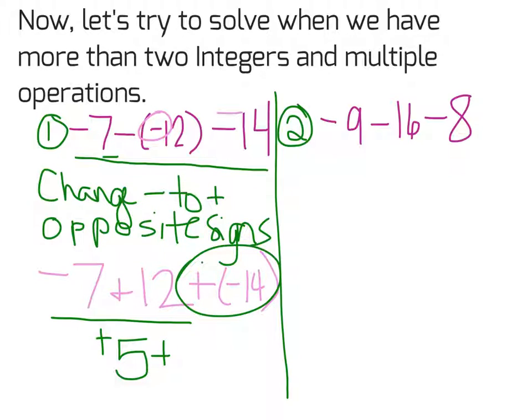So 5 plus -14, okay? Again, same thing. The 14 is bigger, so we're going to do 14 minus 5, which gives us 9. And we're going to keep the sign of the bigger number, which is that -14. So our answer is -9.